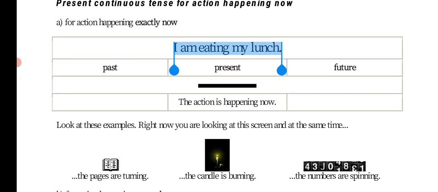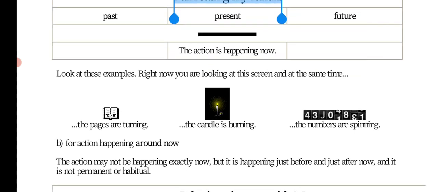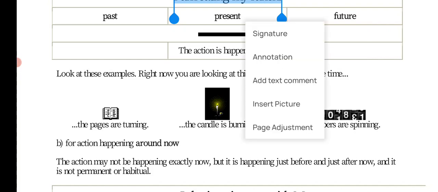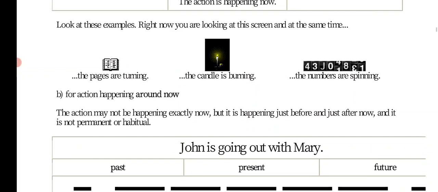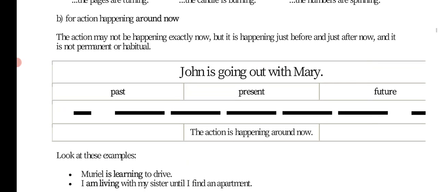So this action is happening right now. For more examples: the pages are turning, the candle is burning, the numbers are spinning. And for actions happening around now: John is going out with Mary. So these are some more examples.